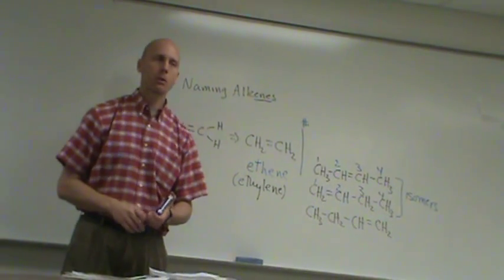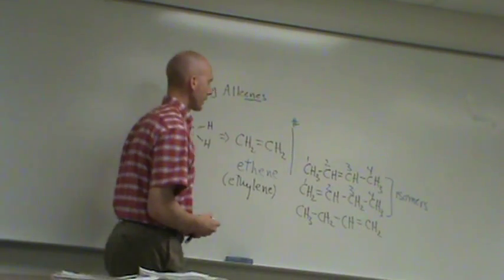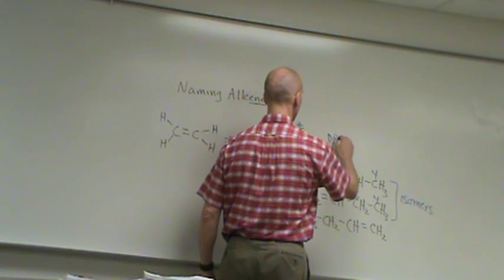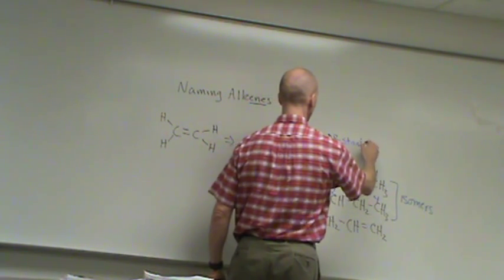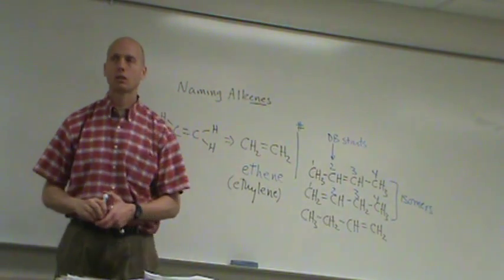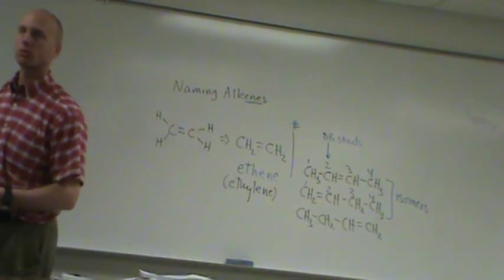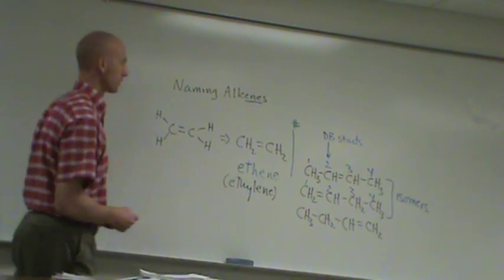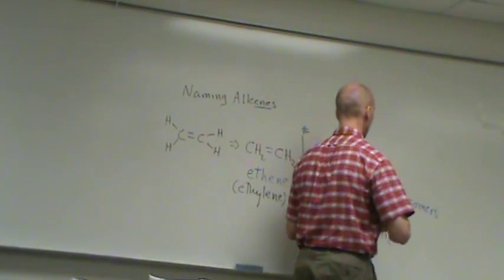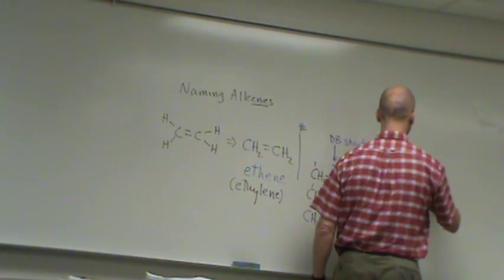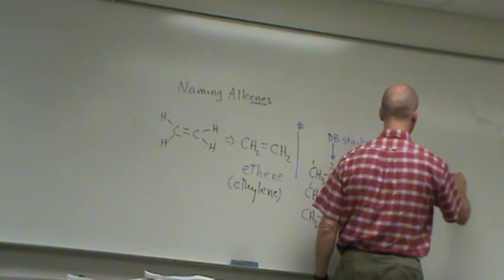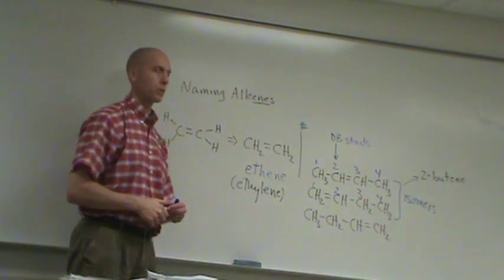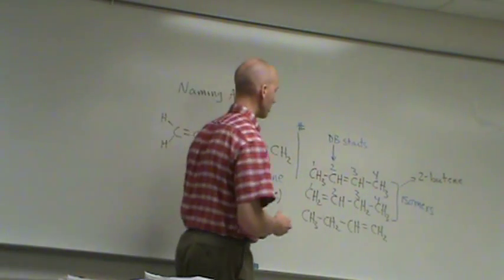The number that I'm looking for is the place where the double bond starts. So there it starts on 2. So what do you think the name of that first one will be? 2-butene. And what do you think the name of the second one will be? 1-butene.